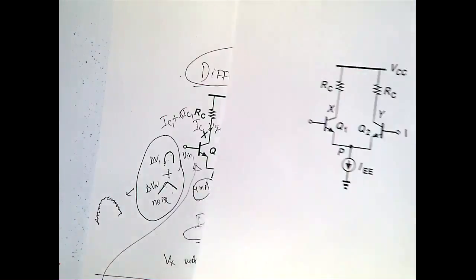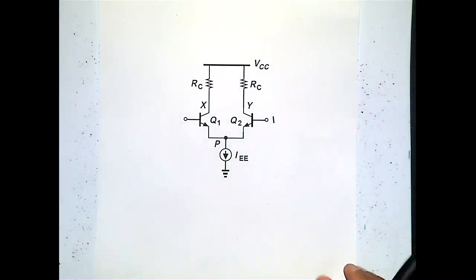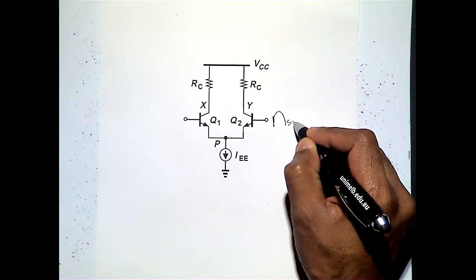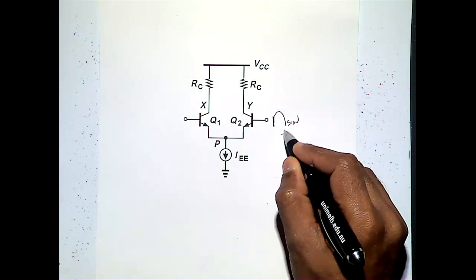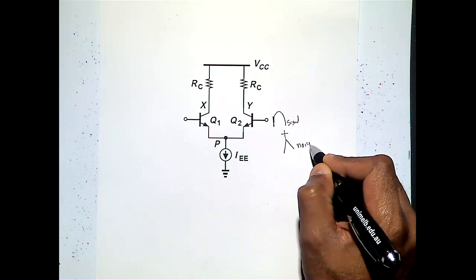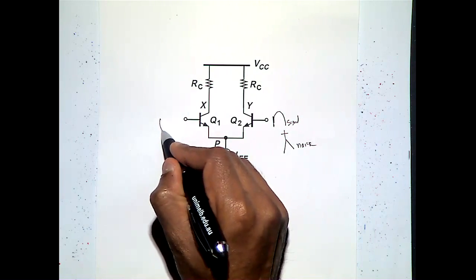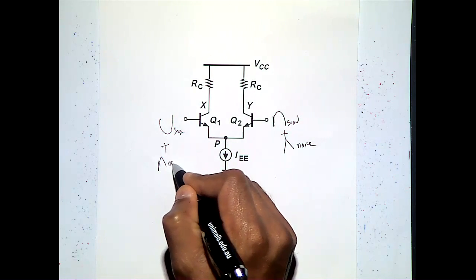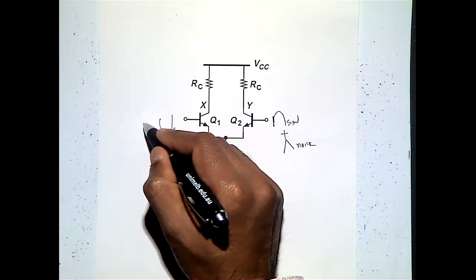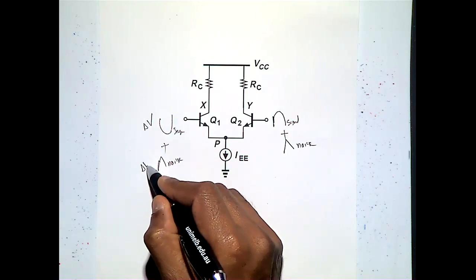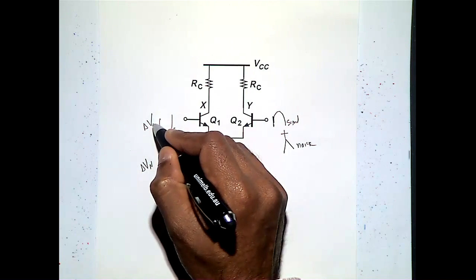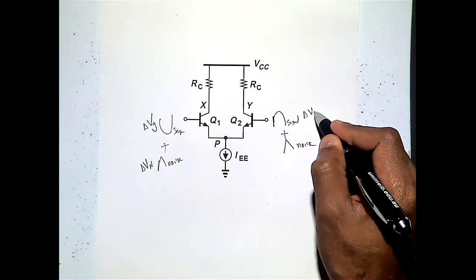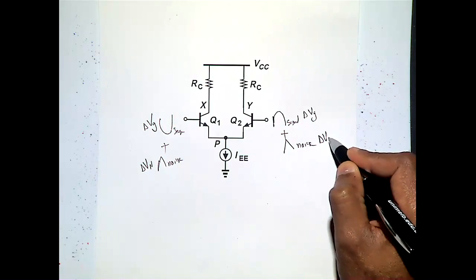When you have a non-ideal current source, what you are trying to do is, here, this is your signal, then plus this is your noise. Again, this is your signal, this is your noise. And then this is delta V signal, delta V noise.